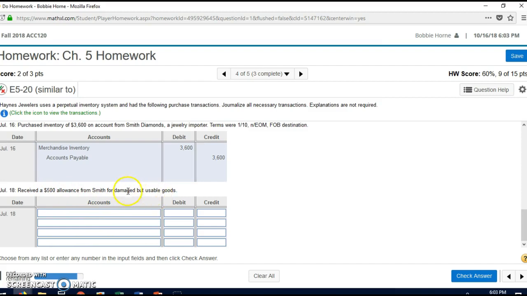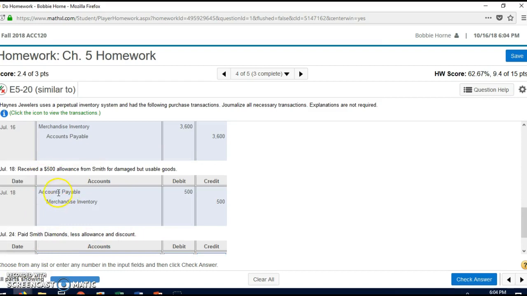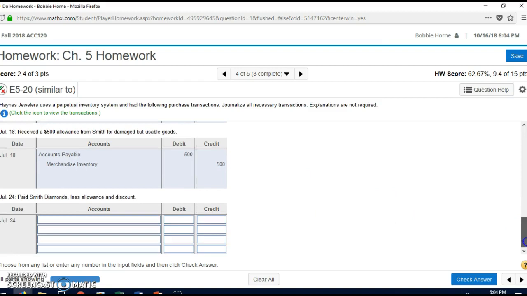So we got to keep the goods, but now we have an allowance that we don't have to pay them for the $500. So our entry would be a debit to accounts payable for $500 because we don't owe it anymore, but our inventory needs to be reduced because it's not worth as much anymore. So we need to credit inventory.